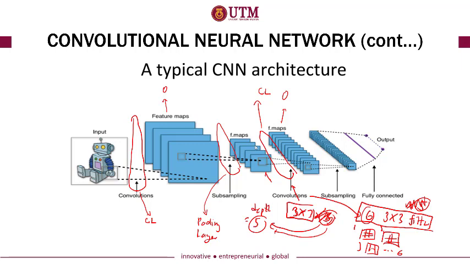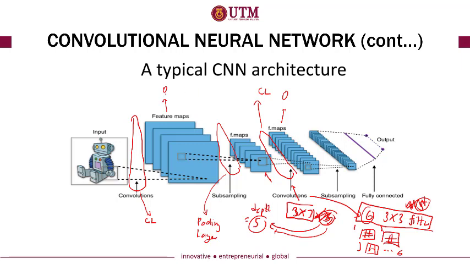You have one layer called the convolutional layer, you produce this feature map, and then it goes into the pooling layer, which shrinks the feature map into a smaller size. Once you have this smaller feature map, you apply a convolutional layer to this input, and then you produce another feature map, which is another O.